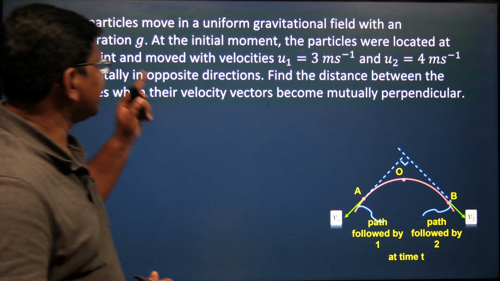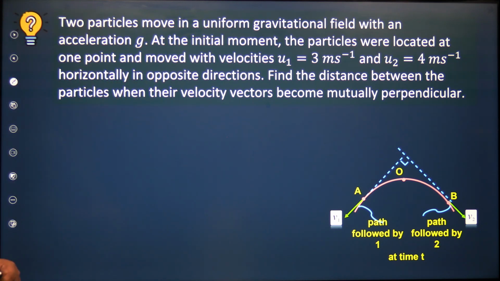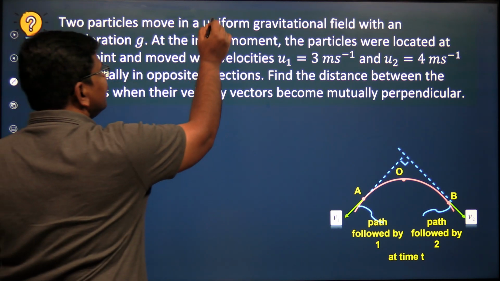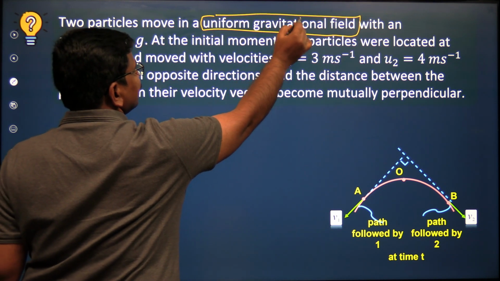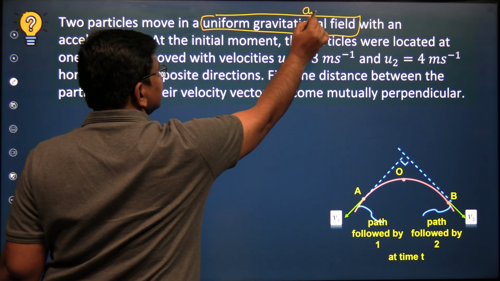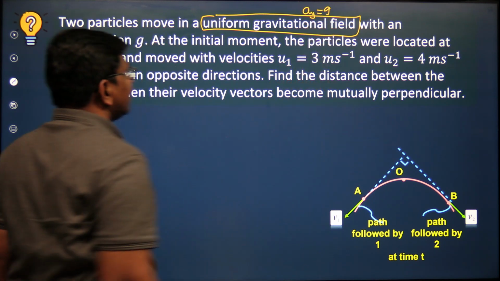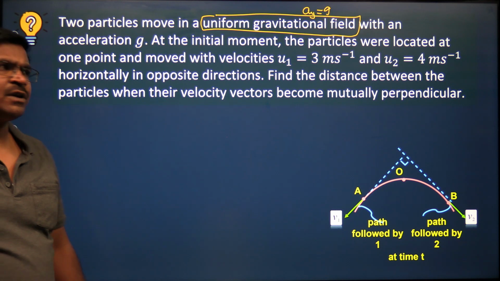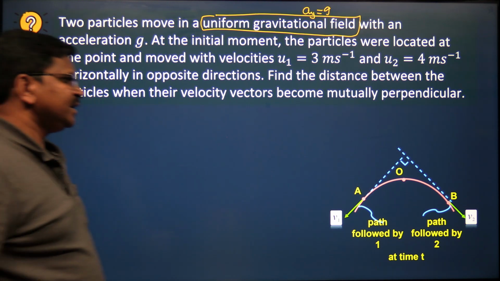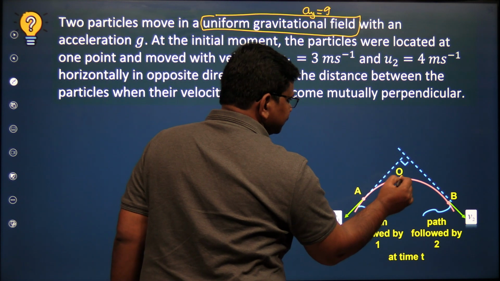Observe the question: two particles move in a uniform gravitational field. Uniform gravitational field means acceleration is constant. a in y direction is constant with an acceleration g. At the initial moment, the particles were located at one point. Let me consider that one point is this one.